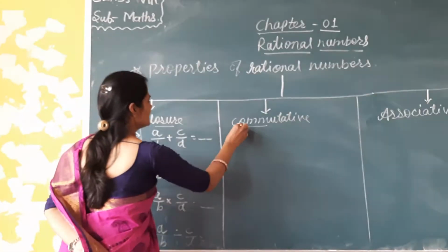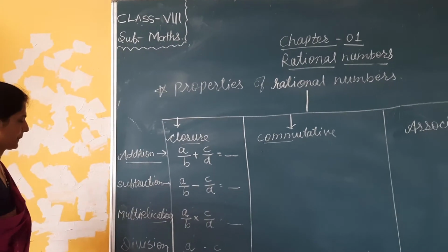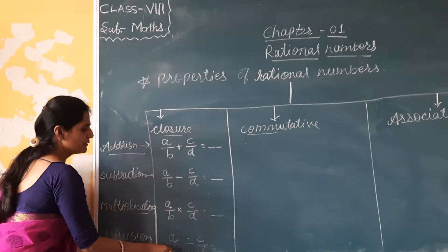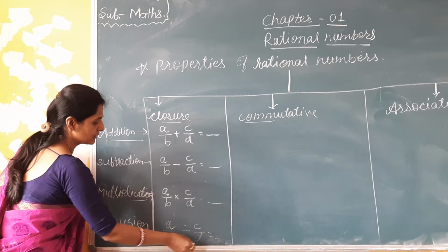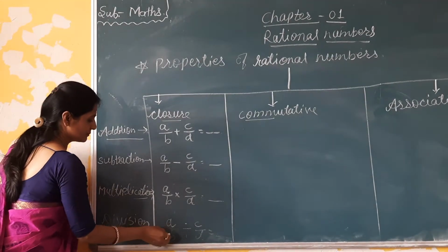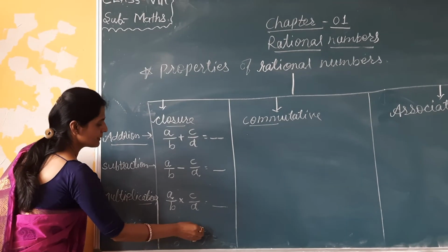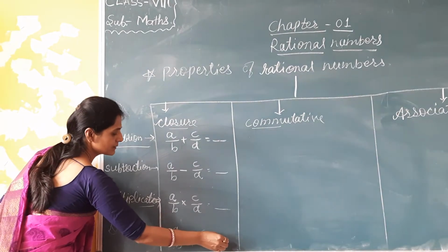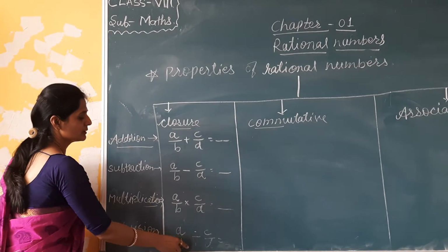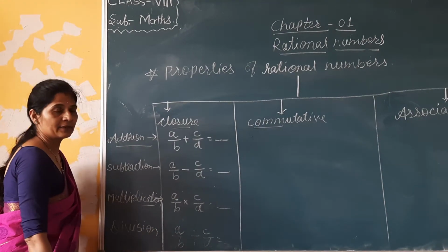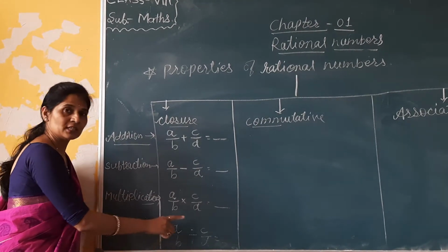Next property is division. If we divide two rational numbers, then we will get a rational number. a by c upon d, then we will get a rational number. That means rational numbers are closed under division except 0.